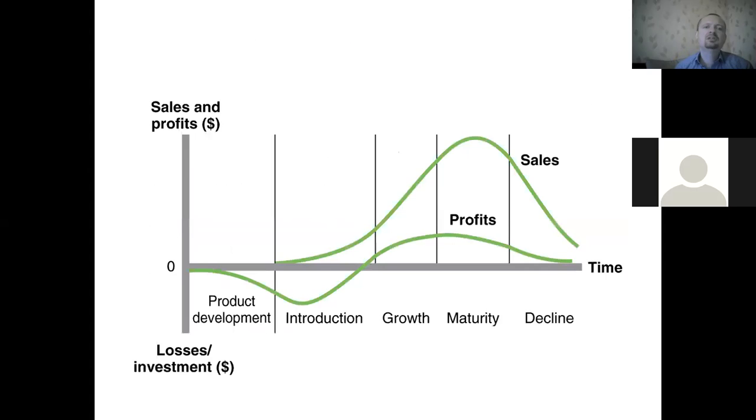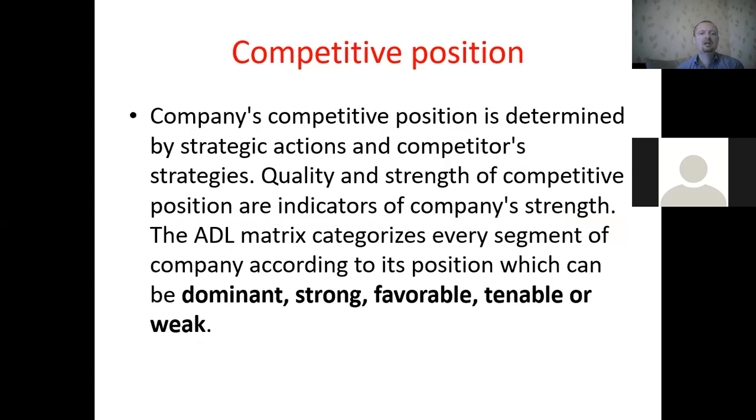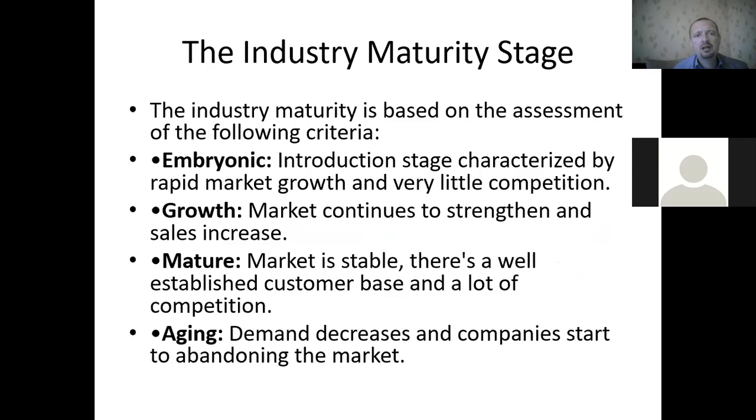Here is the explanation, but it's quite clear what is embryonic, what is growth, what is mature, and what is aging. And they decided to use five competitive positions: dominant, strong, favorable, tenable, and weak. Why they decided to use only four industry maturity stages?